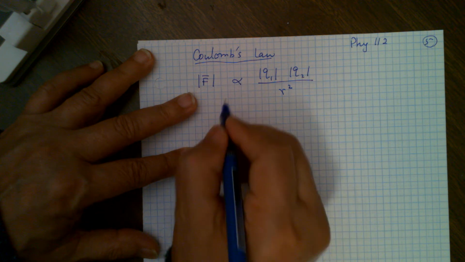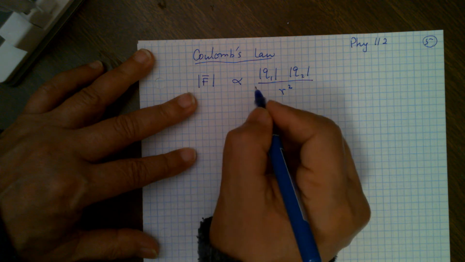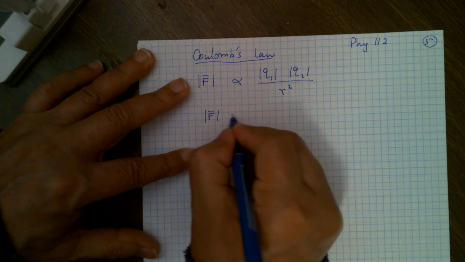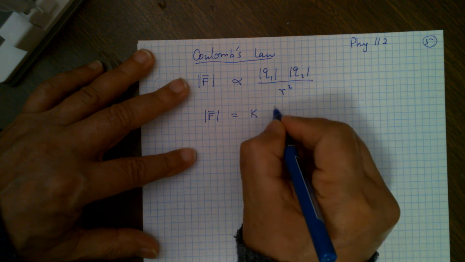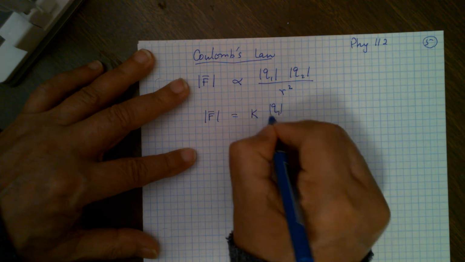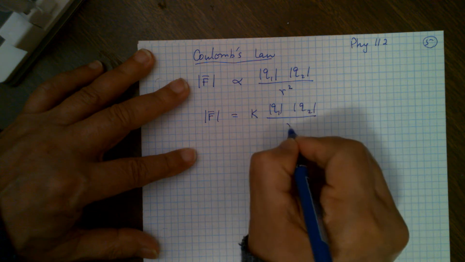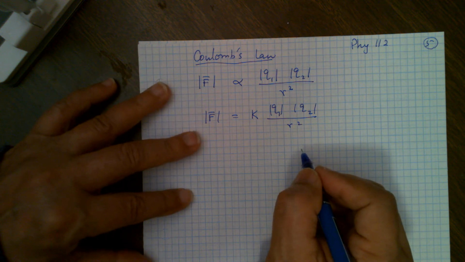If I want to make it an equal sign, I have to put in a proportionality constant. So F is equal to the proportionality constant, we call it K, times Q1 times Q2 divided by R squared. This is known as Coulomb's law.